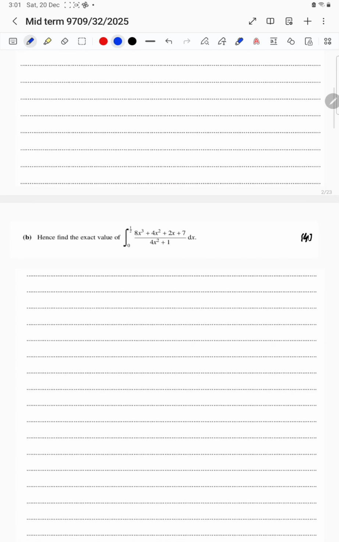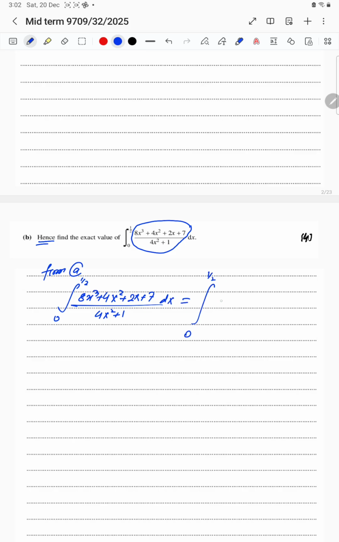Now hence find the exact value of this. This is the same as we did in part A. So I can write from part A, integral from 0 till 1 by 2 of (8x cube plus 4x square plus 2x plus 7) divided by (4x square plus 1) dx.